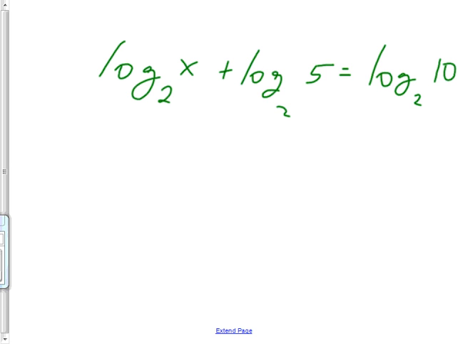Try that. I betcha you'll get those log base 2s. It's kind of like they cancel, and then you can set the arguments equal, and it should be pretty easy from there.